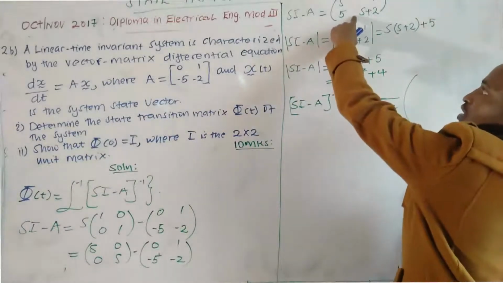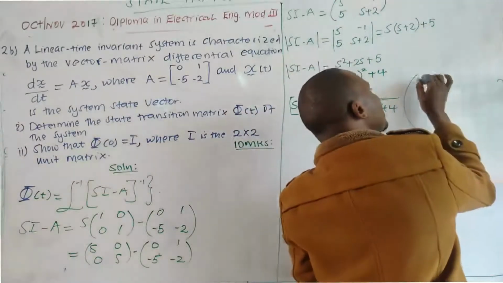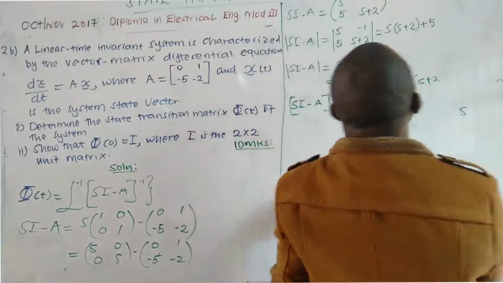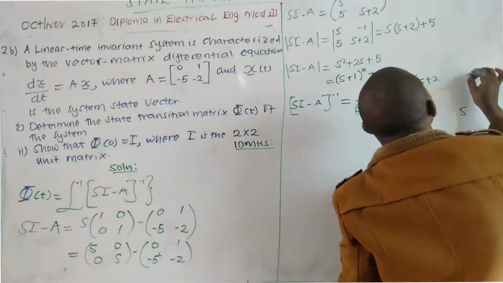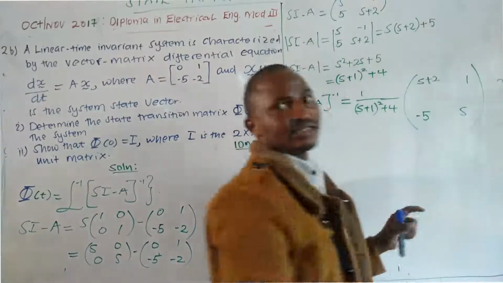The elements on the leading diagonal interchange their positions, so that you have s plus 2 here and s down here. And the elements on the minor diagonal change their signs, so that you have positive 1 here and negative 5 here. Then you can close that bracket.